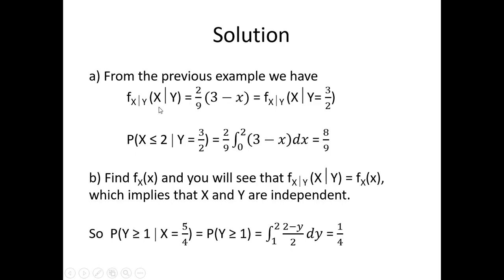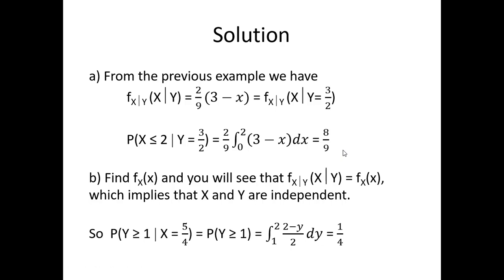So the distribution of x given y will be equal to this distribution of x given y equals 3/2. We could find this probability by evaluating the integral. So I have 2/9, evaluate from 0 to 2, (3 minus x) dx. And it's pretty easy to see that this will give us 8/9.